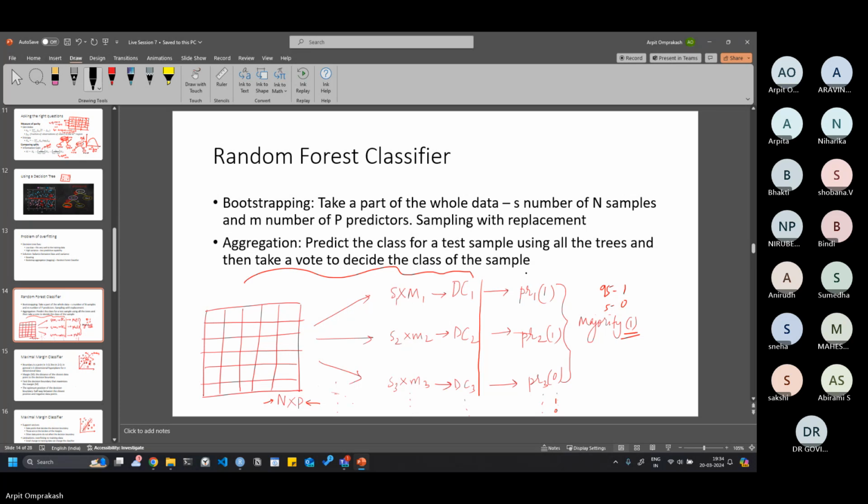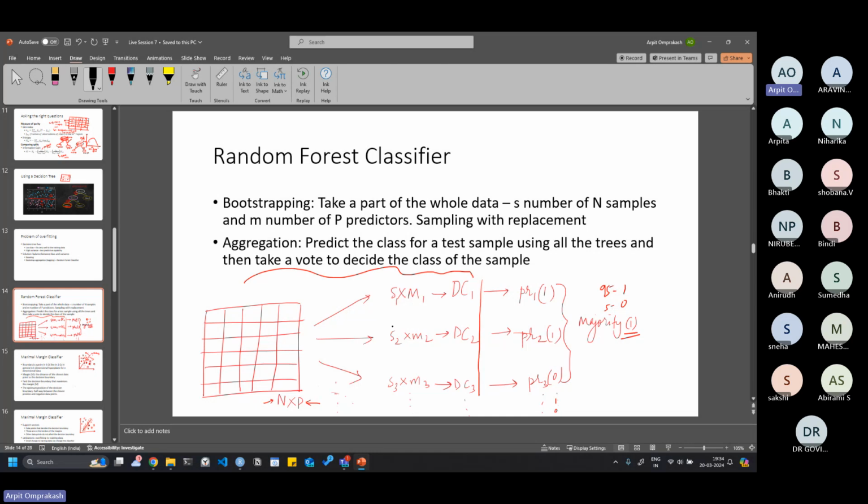So as mentioned, random forest classifier has two steps, bootstrapping and aggregation. Bootstrapping is basically we have all of our data, n samples into p predictors. We divide it into different subsets with S number of samples and M number of predictors. In each subset, we train a decision tree.